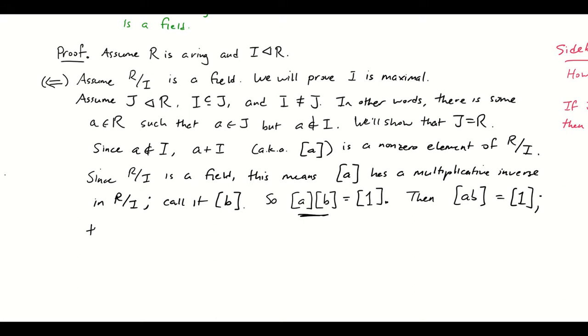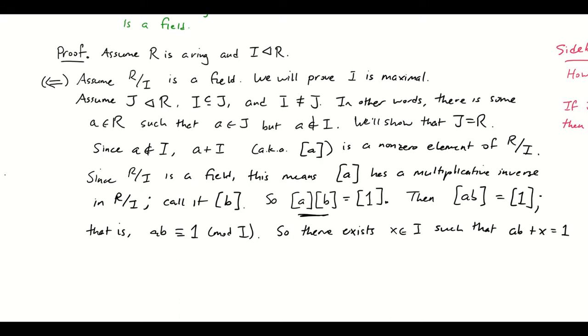Well, that means AB is congruent to 1 modulo the ideal I. Okay, so in other words, there exists some x belonging to I such that AB plus x is equal to 1 as elements of the ring.